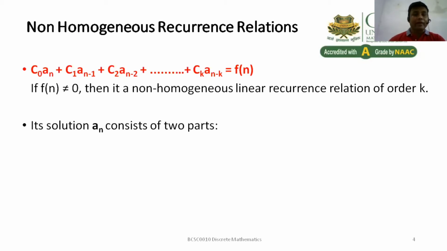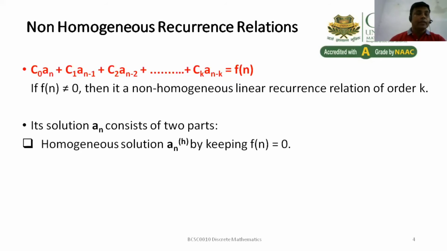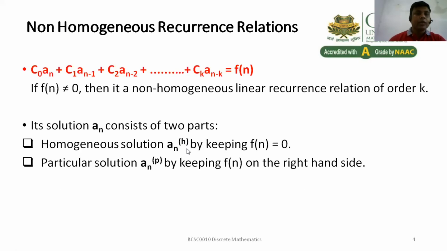But whenever this f_n part is non-zero, the solution will consist of two parts, where the first part is the homogeneous solution, which will be obtained by keeping f_n equal to 0. We put f_n equals 0 and then find the solution, and that solution is called the homogeneous solution. It is represented by a_n with superscript h. H stands for homogeneous solution.